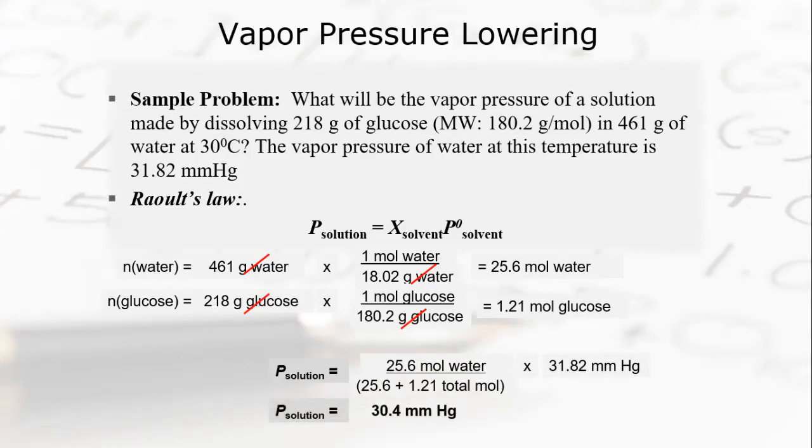And that gives us 30.4 millimeters of mercury.